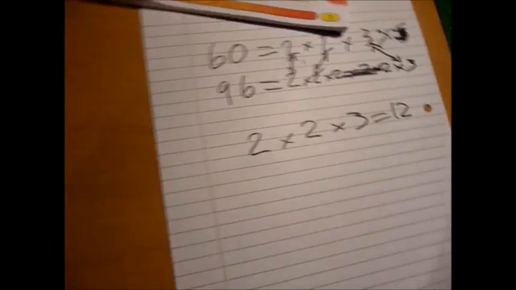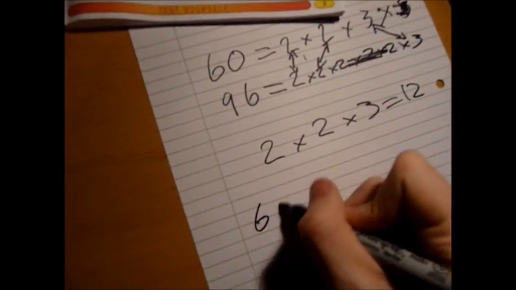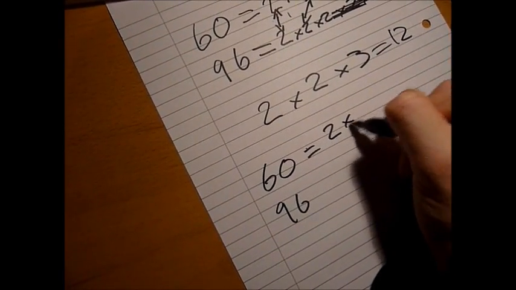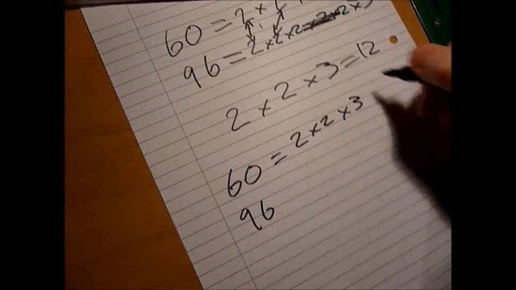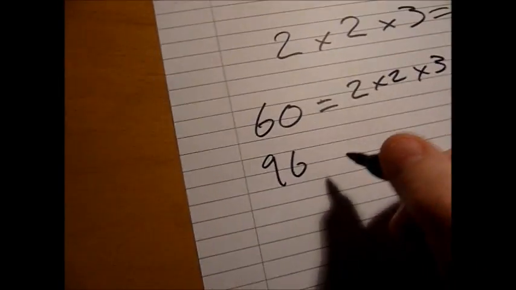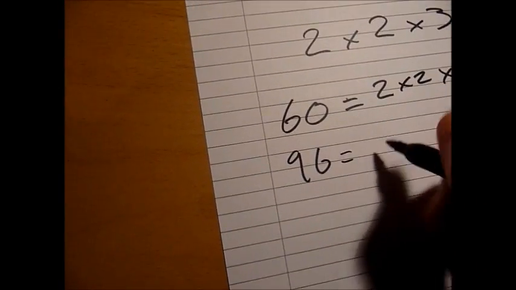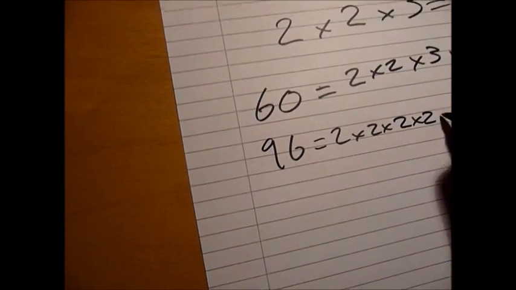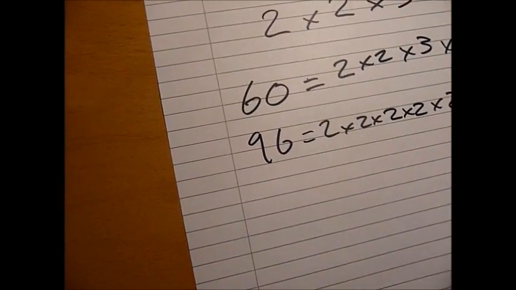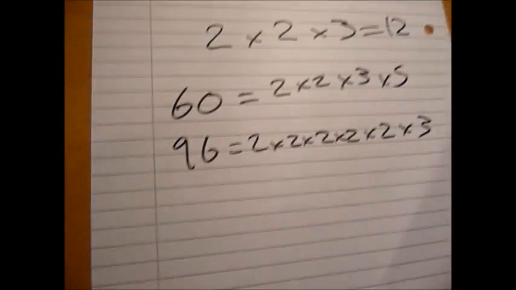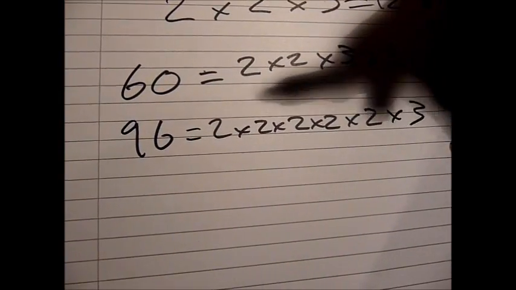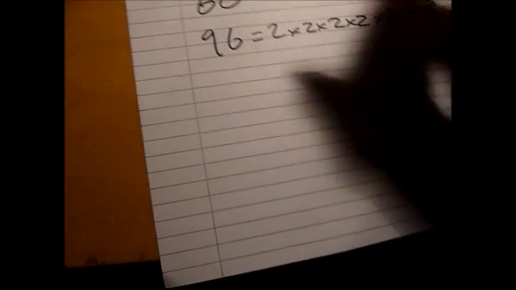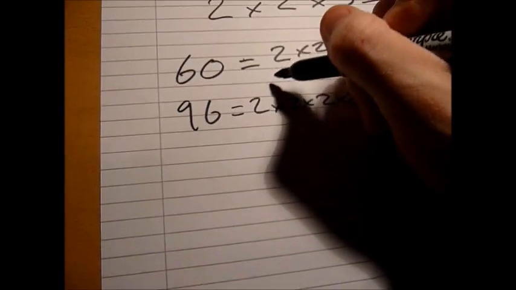Now, it's pretty much the same. 60 equals 2 times 2 times 3 times 5, and 96 equals 2 times 2 times 2 times 2 times 2 times 3. For this one, you would again find the numbers in common.